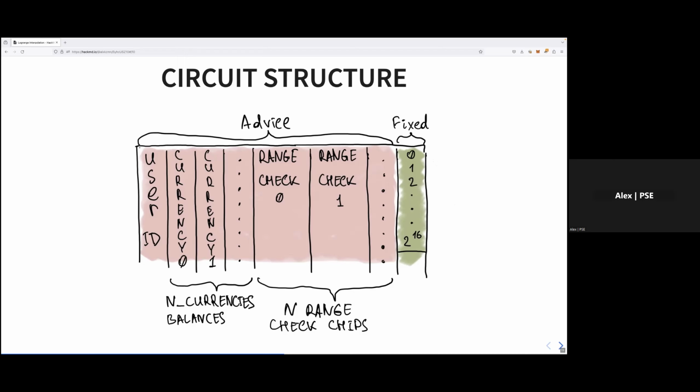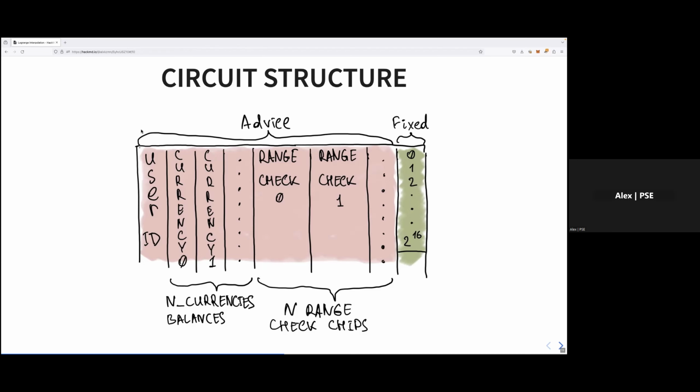And then we check that each of the decomposed values belongs to a table of all possible values that a 2-byte word can take, from 0 to 2 to the 16th.